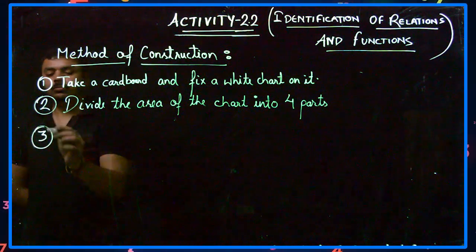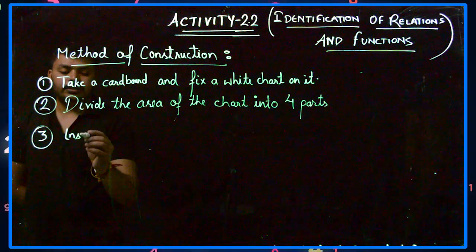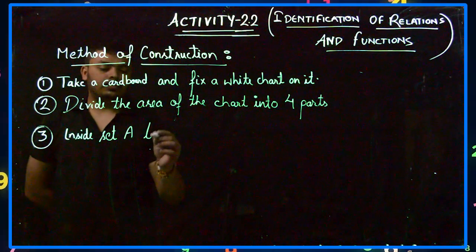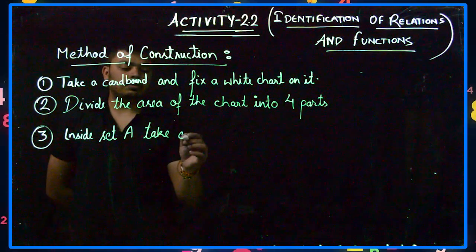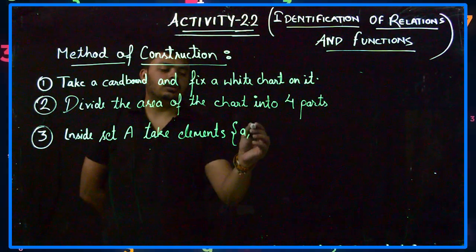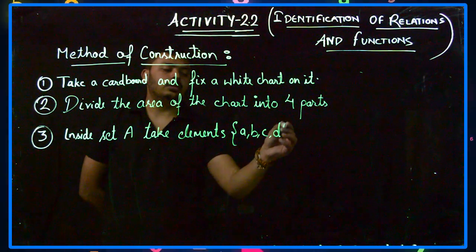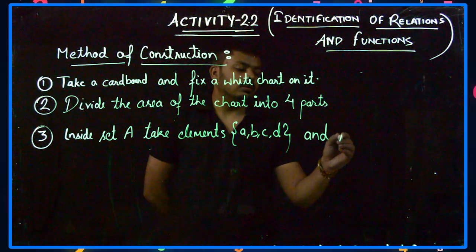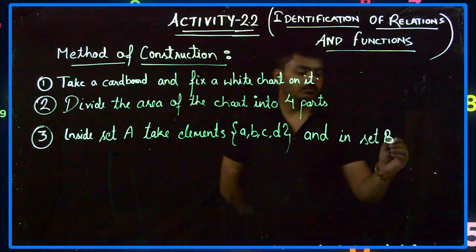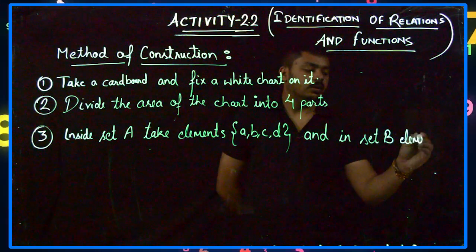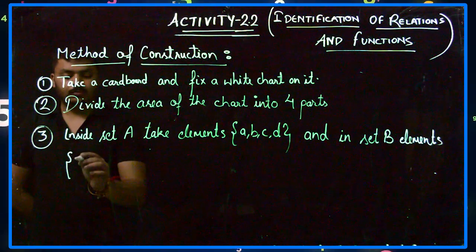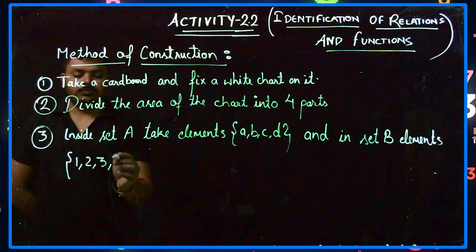Step 3. Inside set A, take elements A, B, C, D and in set B, elements 1, 2, 3 and 4.